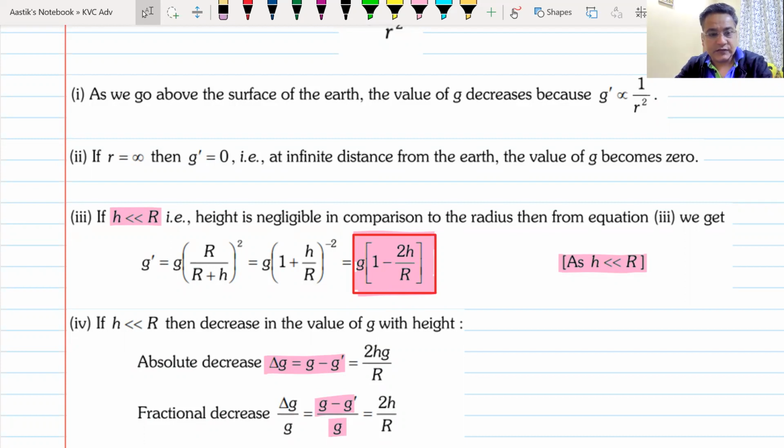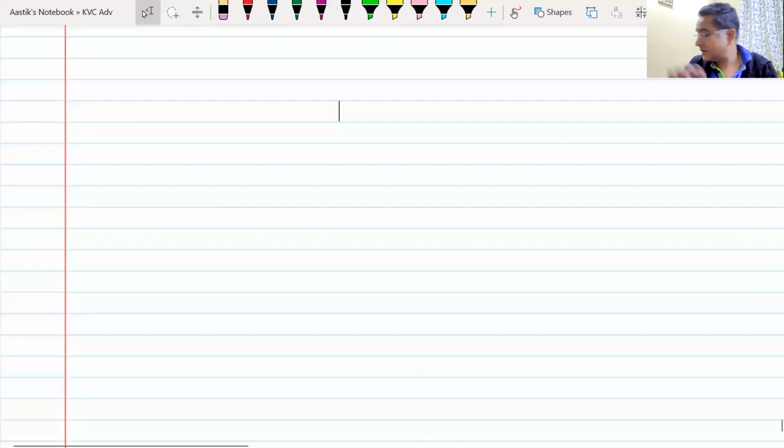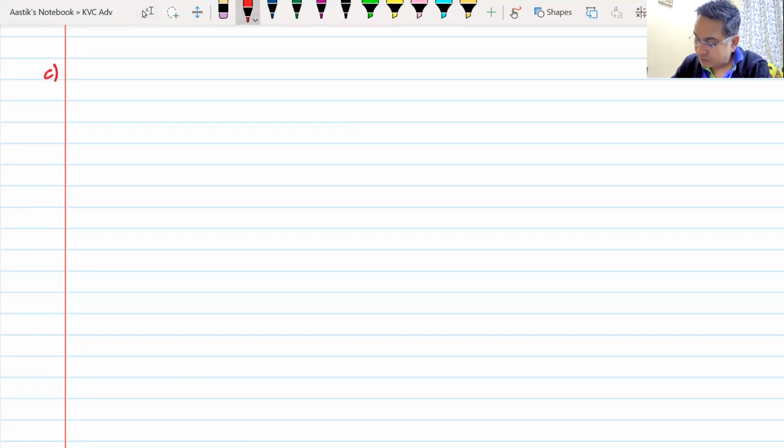What is the third factor on which the acceleration due to gravity depends? And the third factor is due to depth.